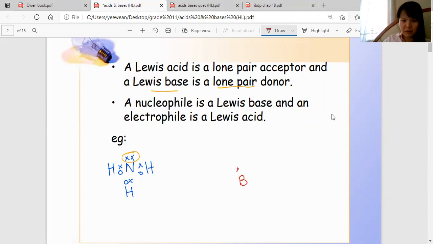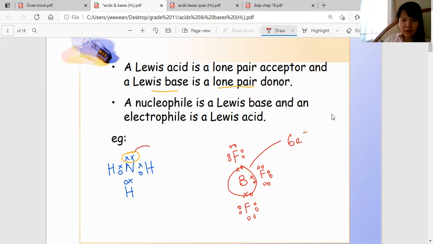B has 3 outermost electrons. F has 7. So there's only 6 outermost electrons here. Therefore, there's space to fit in another pair of electrons.